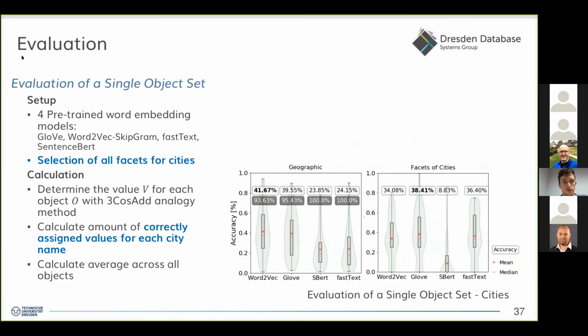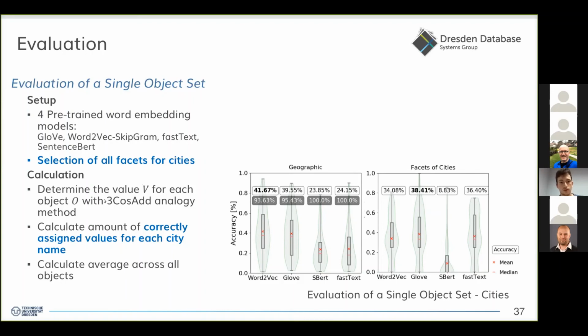Then we also want to demonstrate an evaluation on a single object set. Therefore, we take the same word embedding models and select all facets out of our data set with the object set of city terms. And then we also use the 3-cos-add method and the word embedding models to determine for each object term, for each city, specific values for each facet.